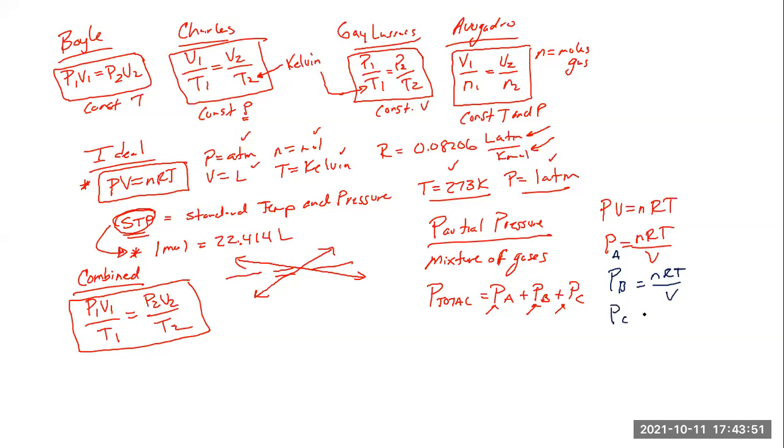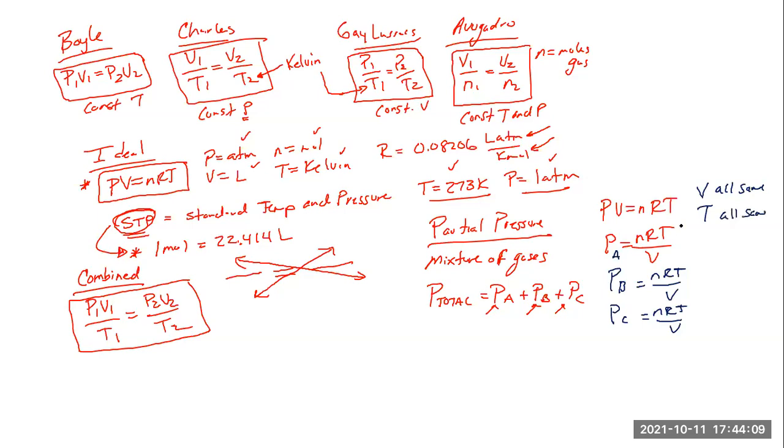And the nice thing about this is because they are in the same container, the volume for all the gases will be the same. And the temperature, because that container is sitting in the same spot, will also be the same for all the gases.